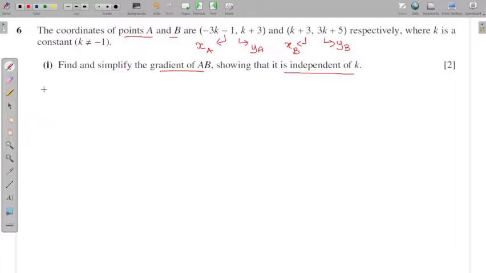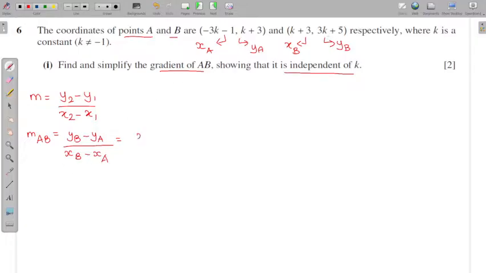So if we have 2 points and we are asked to find the gradient, what is the formula? It is y2 minus y1 divided by x2 minus x1. I hope you guys are familiar with this formula. So here, to find the gradient of AB, it will be the y coordinate of B minus the y coordinate of A, divided by the x coordinate of B minus the x coordinate of A. So now just put these expressions in this formula.